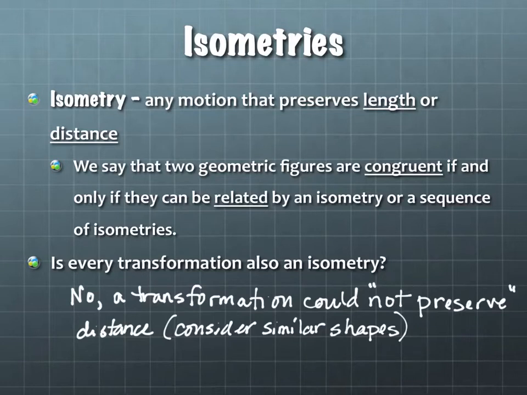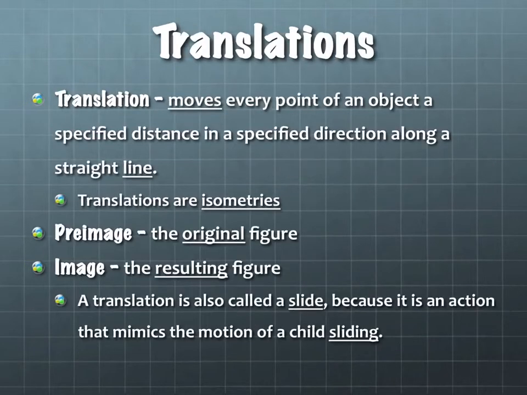All right, so we're going to actually talk about a first type of transformation, and it's a very simple, straightforward one. It's a translation. So a translation moves every point of an object a specified distance and a specified direction along a straight line.